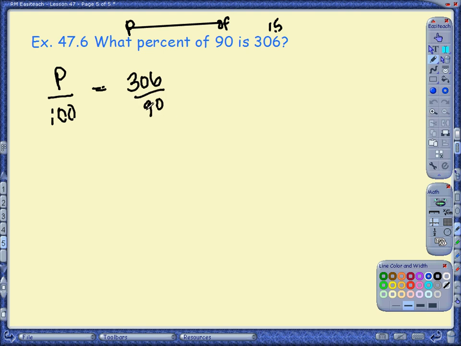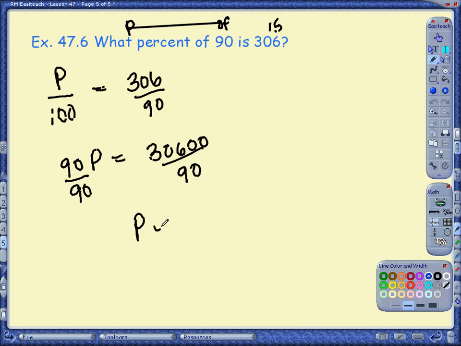The of number always goes in the bottom. Again, we're going to multiply 90 times P equals 306, and we just add the 2 zeros. We divide through by 90, and our final percent then is 340%. You can just use your calculators to do that.